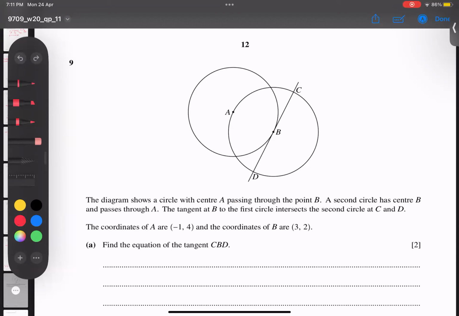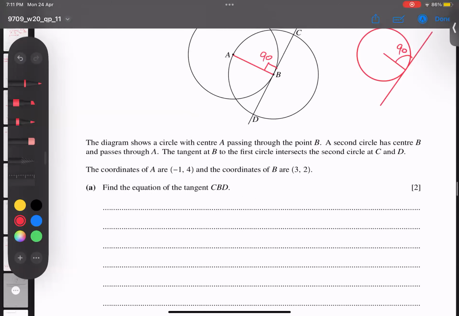And the tangent at B, you can see this line is tangent, and the A and B coordinates are given. We are looking for the equation of the tangent. If I join this with that, students, this is a confirmed 90 degrees, because we know that whenever a circle and a tangent meet, they always make 90 degrees.